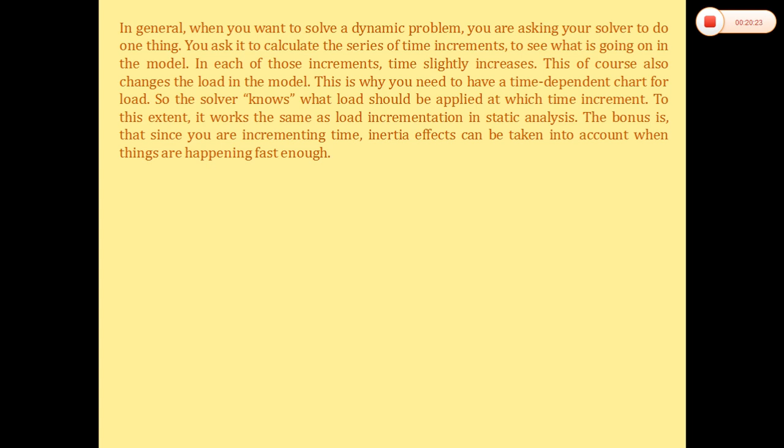We are solving for the non-linear problem, but it is dividing the problem into, say, 10 parts, and every part works independently as a static problem. Then all of it is combined with each other, and it gives us the result. So this is how this particular solver works.